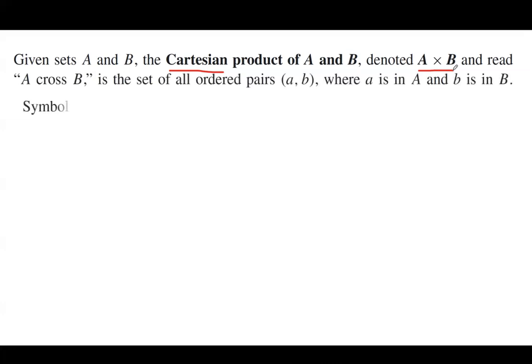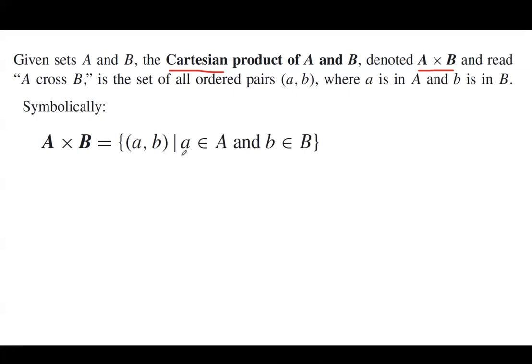It is the set of all ordered pairs (a, b) such that the first element is in the first set and the second element lands in the second set. So you're taking elements from the first set and elements from the second set, and you're basically forming ordered pairs or points in the plane.